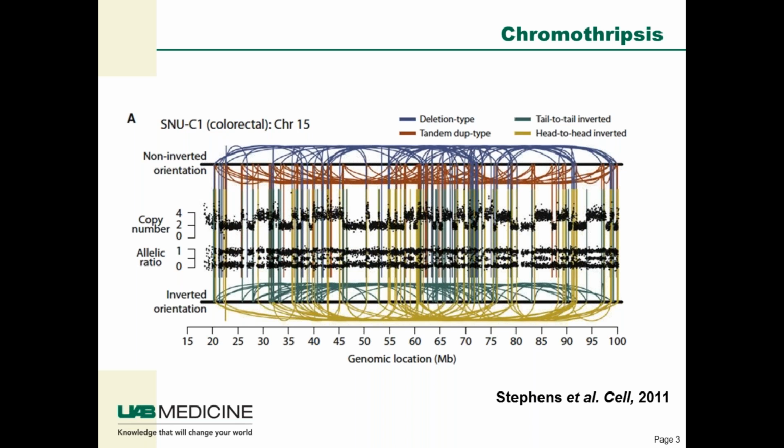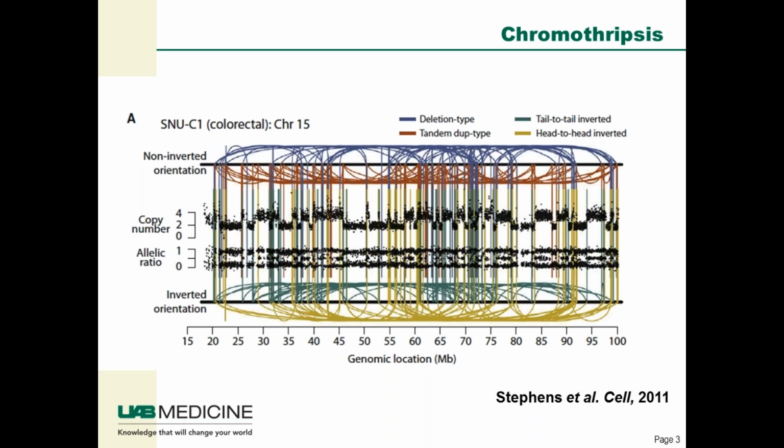It hypothesizes that a catastrophic event on one chromosome causes hundreds or thousands of rearrangements. The aberrant repair of the segments can lead to cancer development and progression.